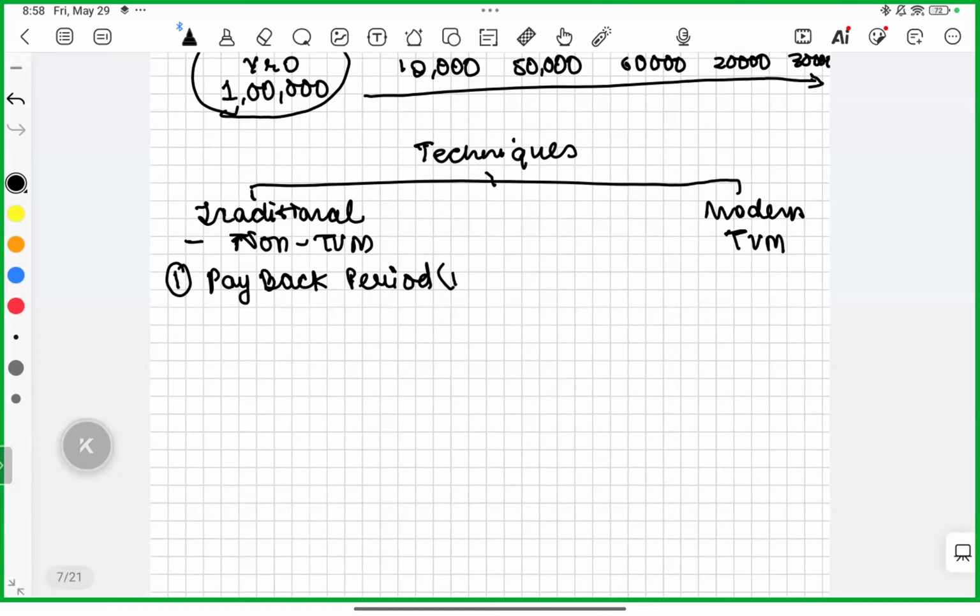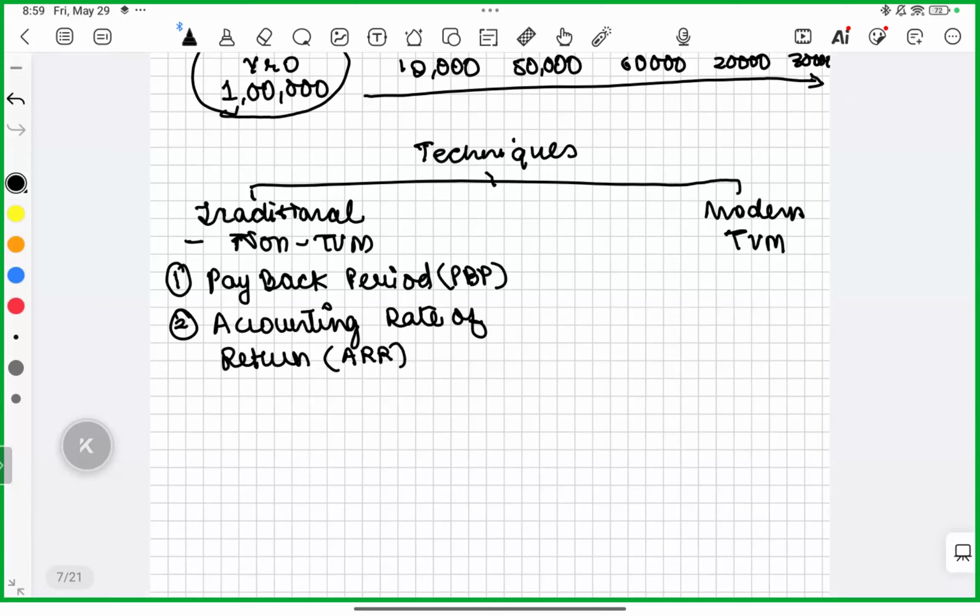It is also called payback period, PBP. And second is accounting rate of return, ARR. Modern techniques you have to do, number 1, discounted payback period, DPBP.